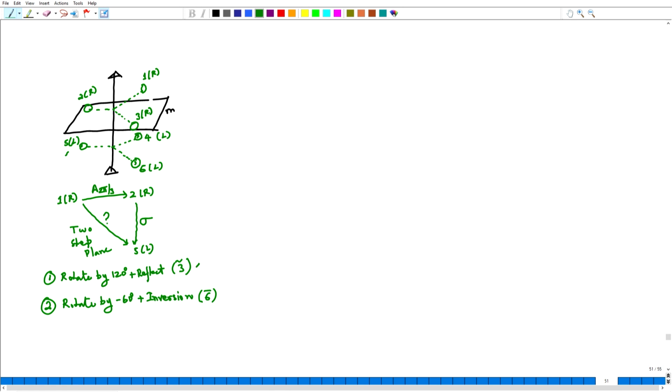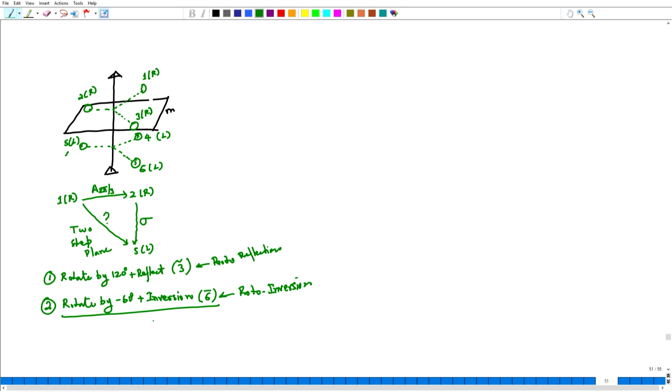So, this is roto-reflection and this is roto-inversion. Otherwise, these two operations give you the same result.